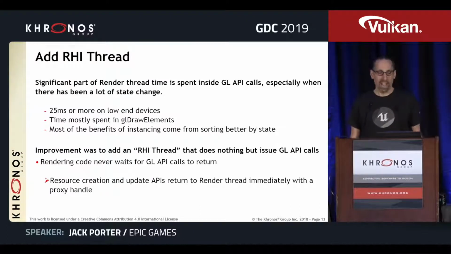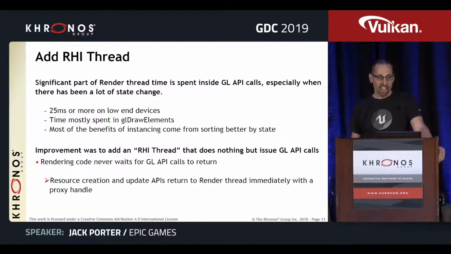But the state change we pay usually turns up inside GL draw elements, so the driver is doing a lot of work at that point to set things right for the next draw call. And so we could use instancing at this point, but in order to use instancing, you have to sort by state, and we get 90% of those benefits simply by sorting by state correctly.